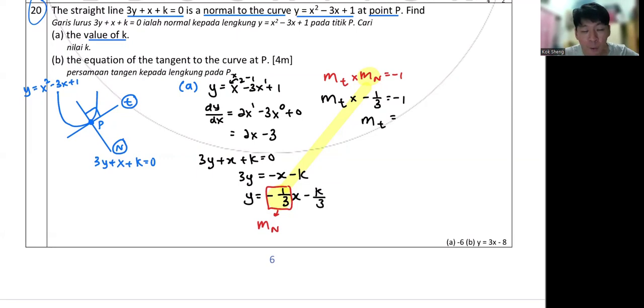So bring over: negative 1 divided by negative 1/3 is 3. So this is your mt, and this is also your dy over dx. Ta-da! Okay, finally the dy/dx are the same, so equate: 2x minus 3 equals 3.